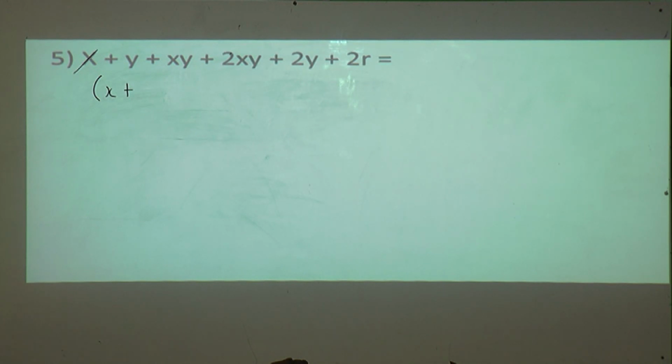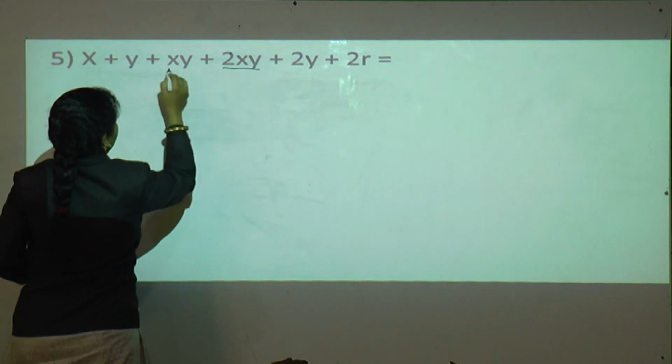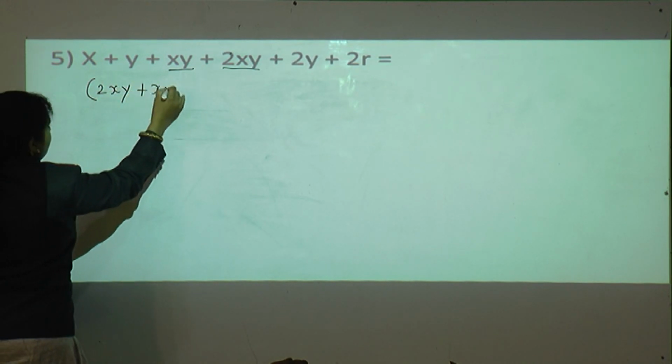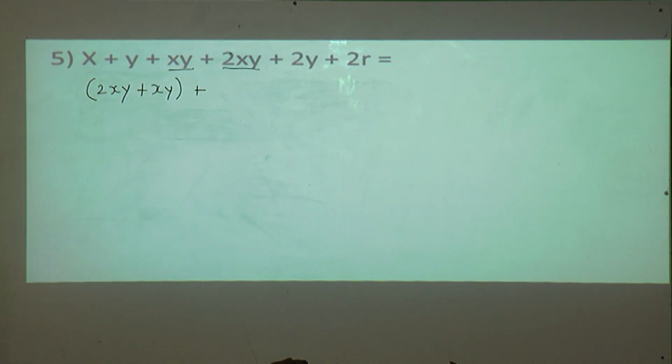Now see here, we can take xy plus 2xy together. See, first we will see 2xy and this xy together. 2xy plus xy. Now 2y and y take together.